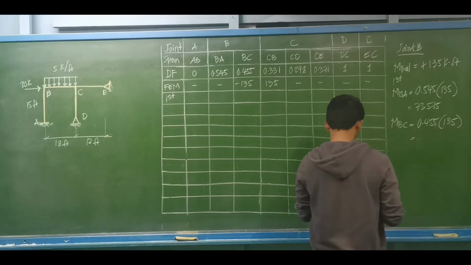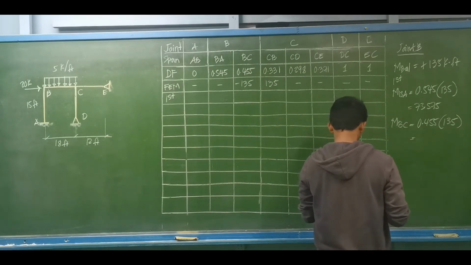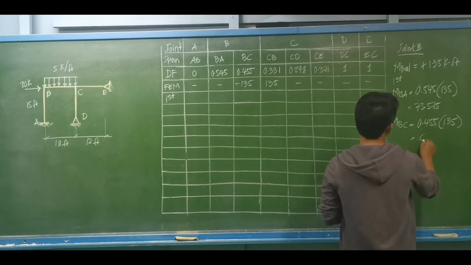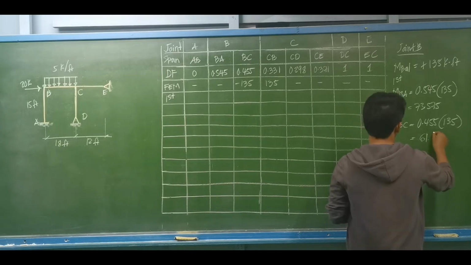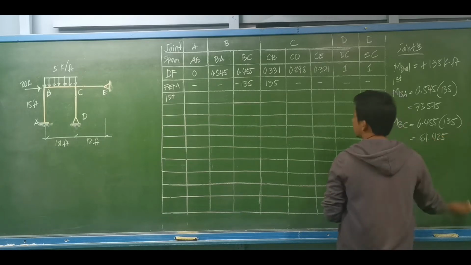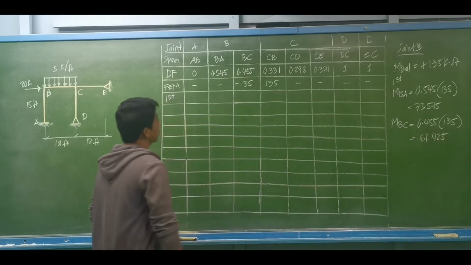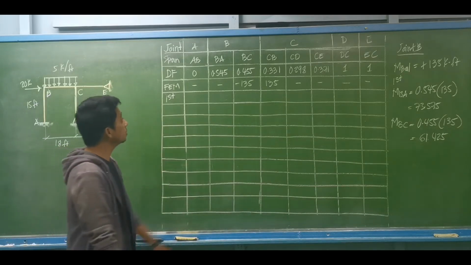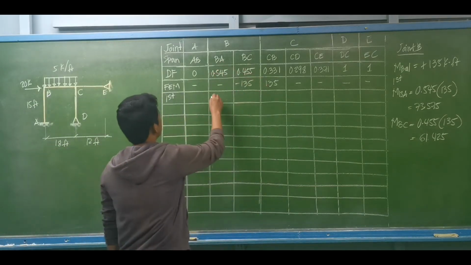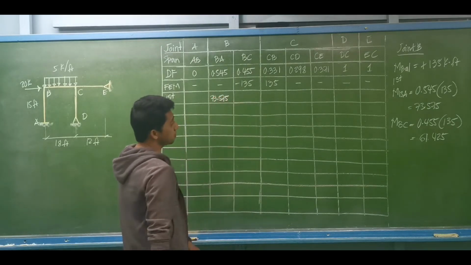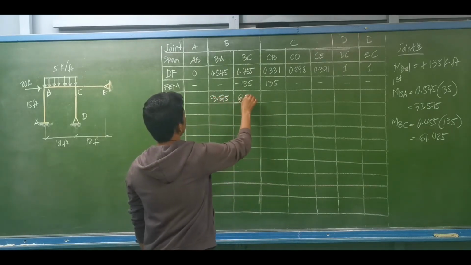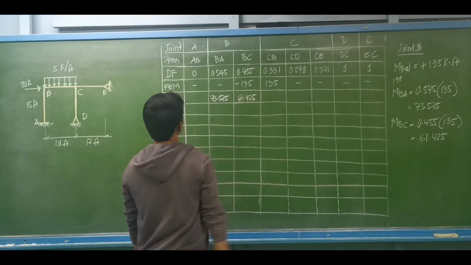This is equal to 61.425. So we have those values for the first distribution. For BA, we have 73.575. For BC, we have 61.425.